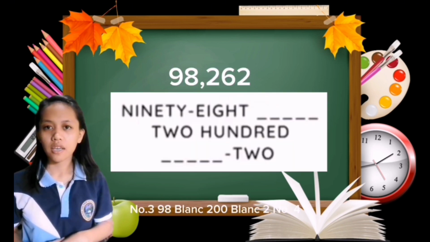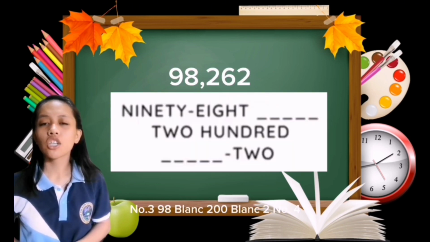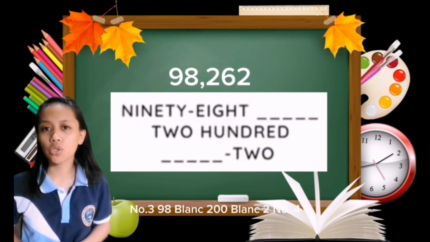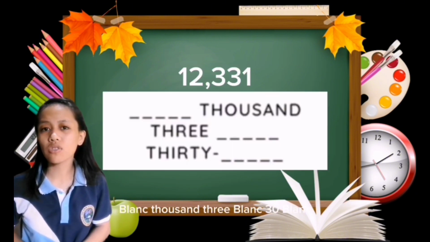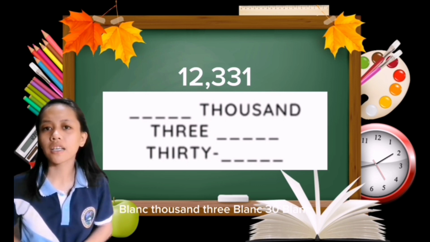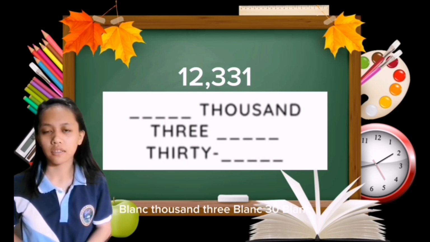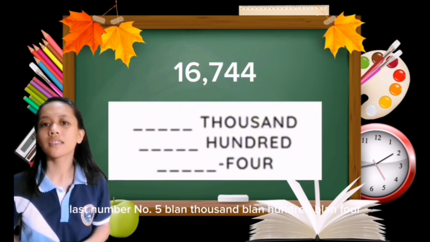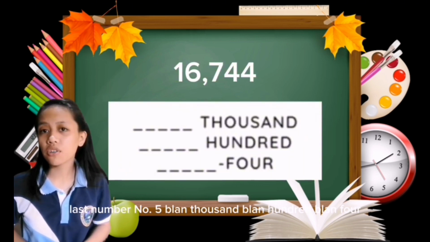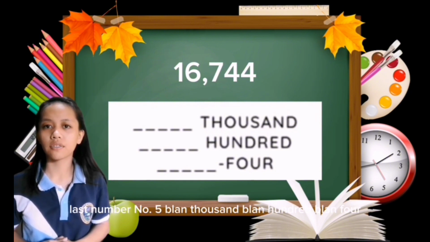Number 3. 98 blank 200 blank 2. Number 4. Blank 1003 blank 30 blank. And the last number, number 5, blank 1000 blank 100 blank 4.